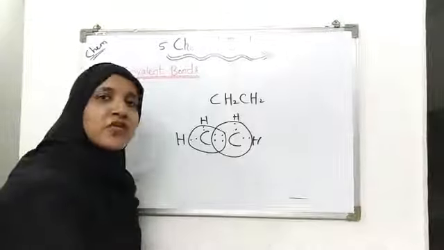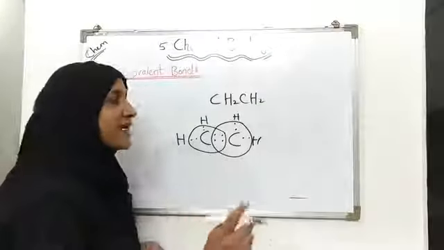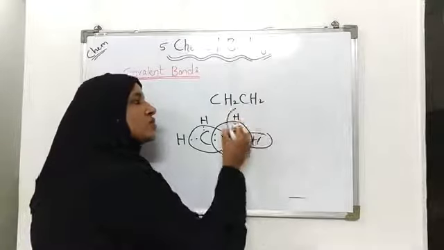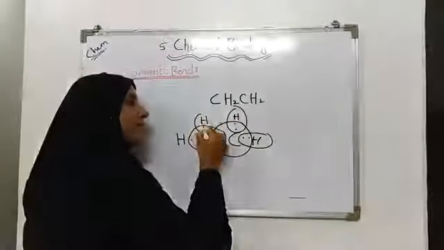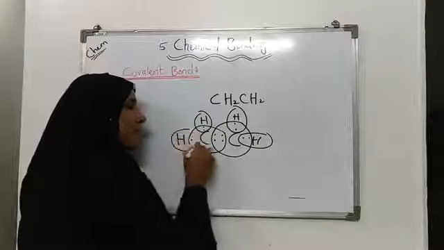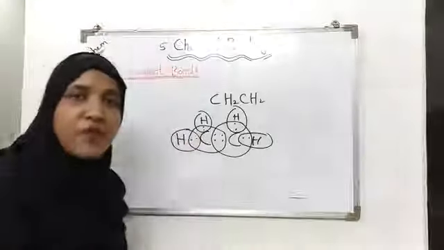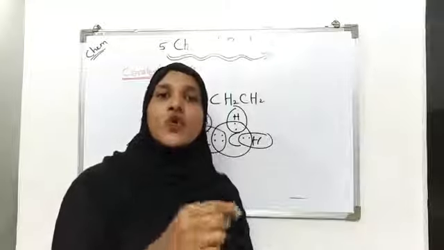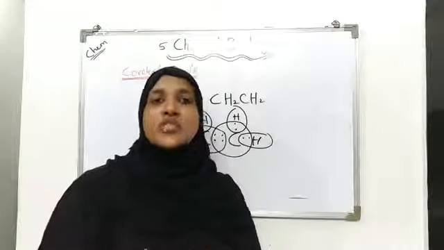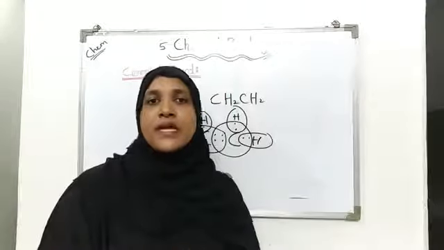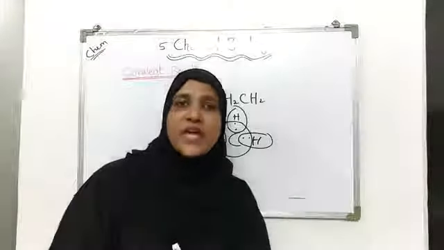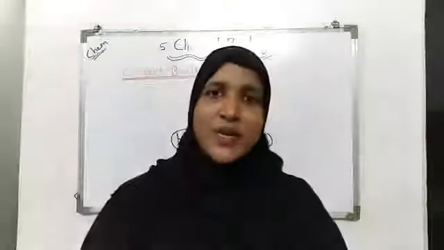We know that hydrogen doesn't have an octet, it has a duplet. So you can see the duplets of the hydrogens are also complete. So such a type of bond that is made by the equal contribution and mutual sharing of electrons is known as a covalent bond. Okay, I hope you all have understood what is meant by a covalent bond.